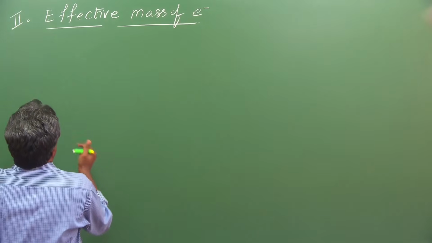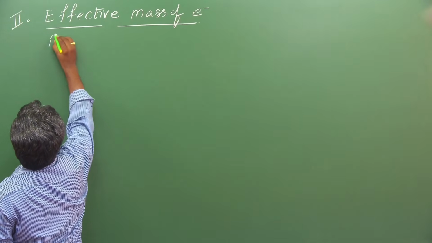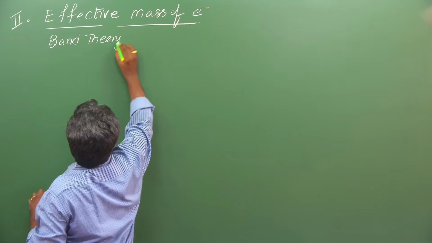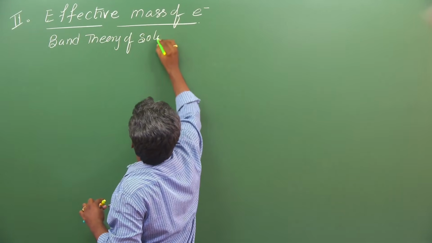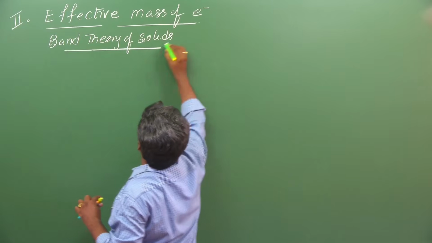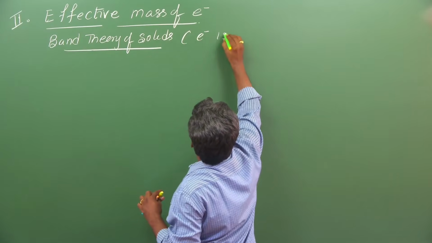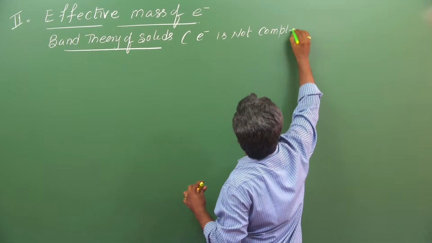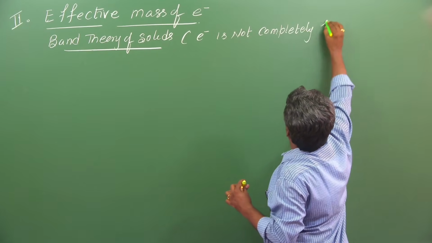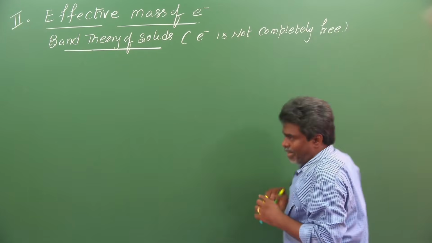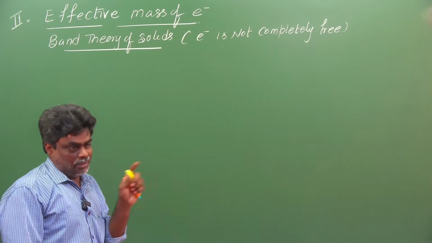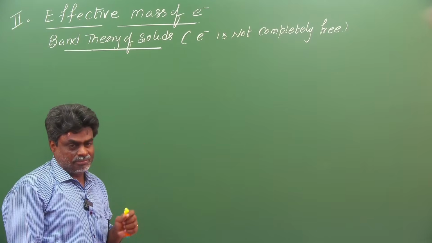We will derive. Actually, here, according to band theory of solids, we have considered electron is not completely free. So what? If the electron is not completely free, then till now whatever you have done was the free electron theory.